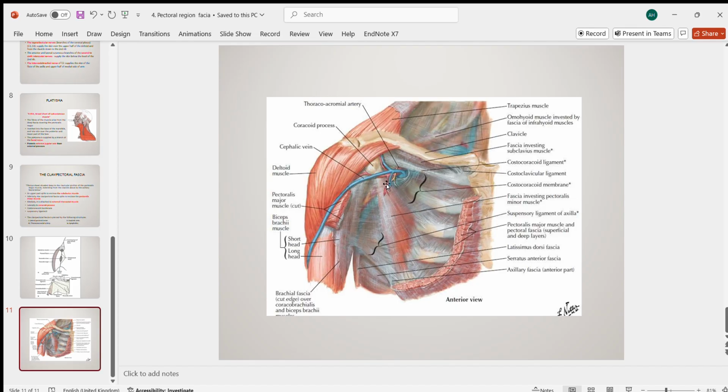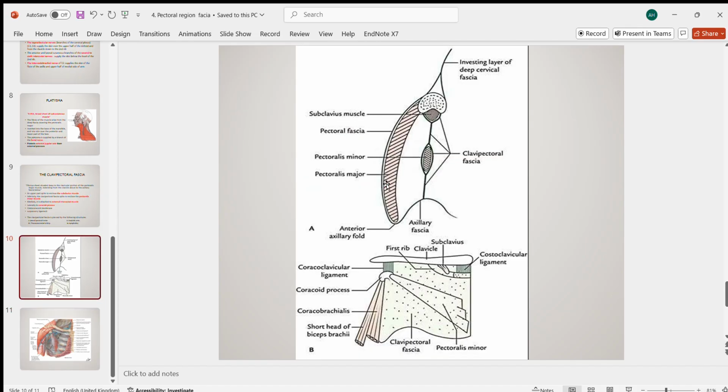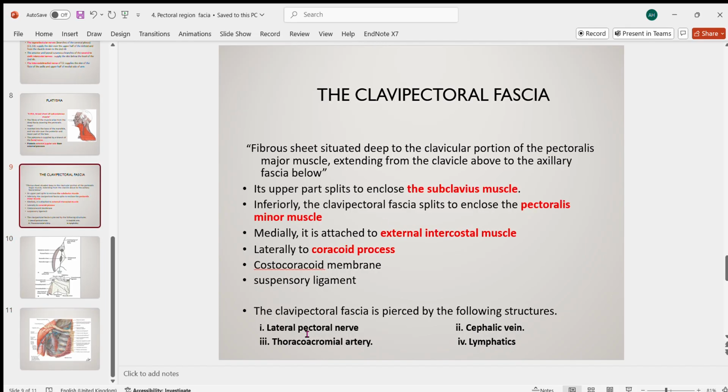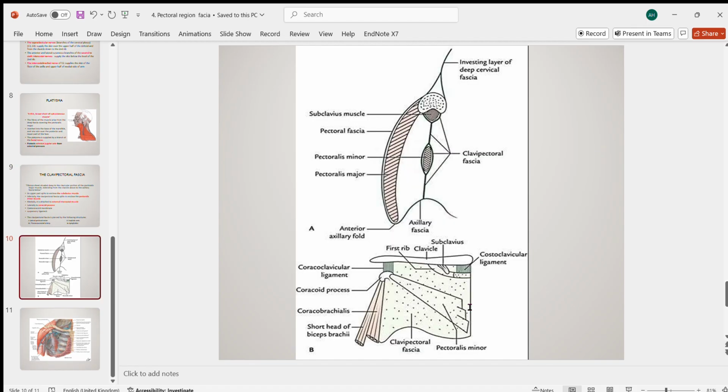So these four structures are piercing the clavipectoral fascia. The lateral pectoral nerve and thoracoacromial artery pierce the clavipectoral fascia from inside to outside, and the cephalic vein and the lymphatics go from outside to inside. So this is all about the clavipectoral fascia.